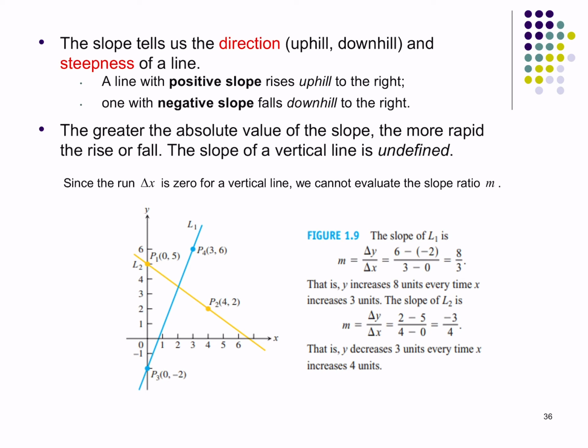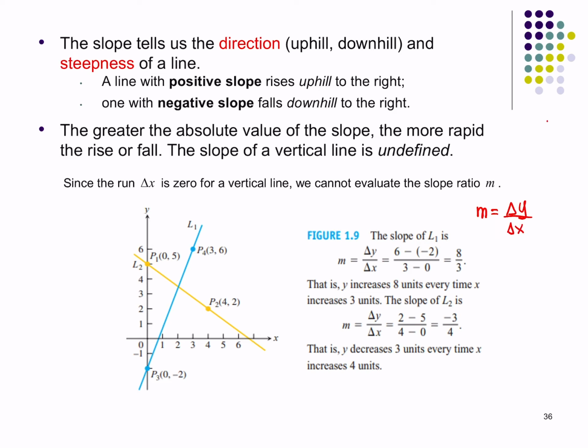The slope of a vertical line is undefined. Why is that? Because there is no run, so you cannot identify the slope of the vertical line. Since the length delta x is 0, remember that if you want to find the slope m, another way is delta y divided by delta x.